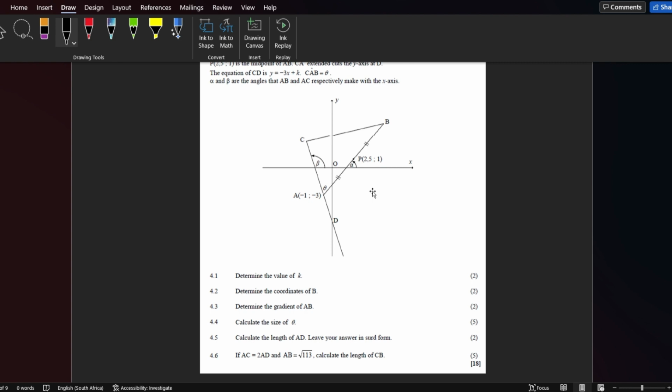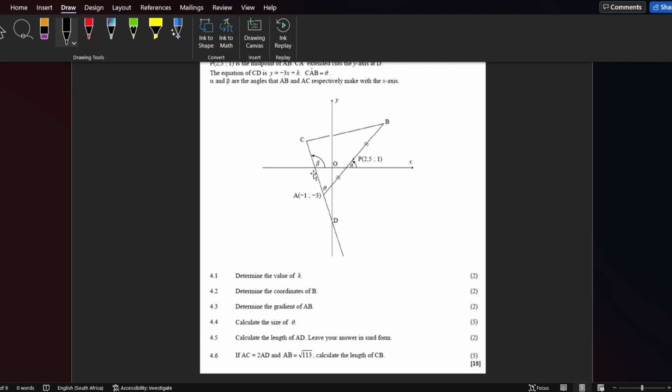Now there are two ways we can go about doing this. We know that angle alpha will equal to this angle right here because of vertically opposite angles. So we can state that, and then we know that angle beta is the exterior angle. So angle beta should be equal to the sum of angle alpha and angle theta, and then angle theta is our only unknown, so we can solve for angle theta.